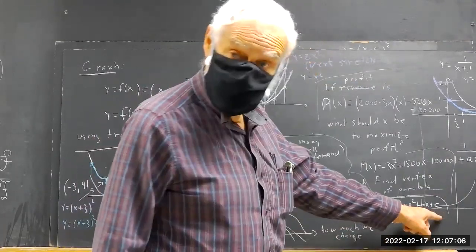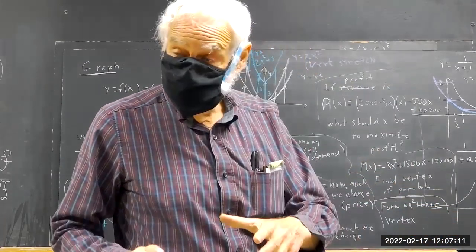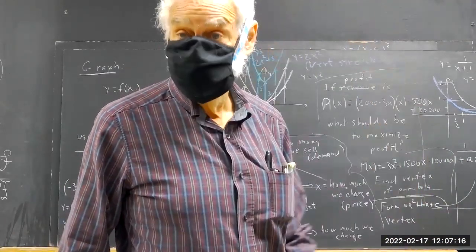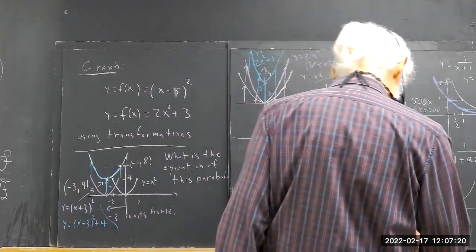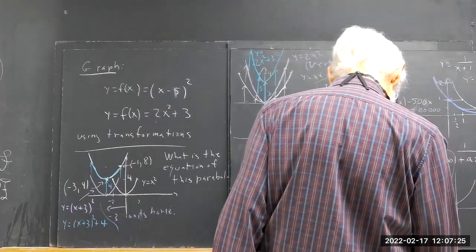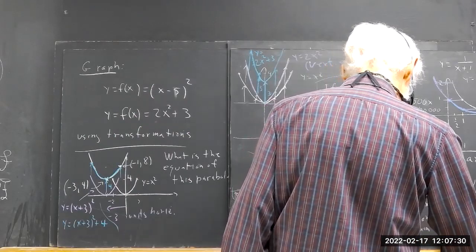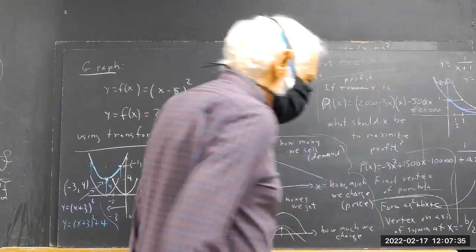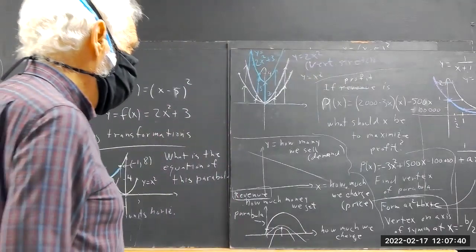It tells you where this is 0. And the negative b over 2a tells you where your axis of symmetry is, right?